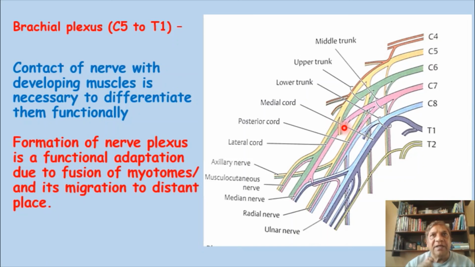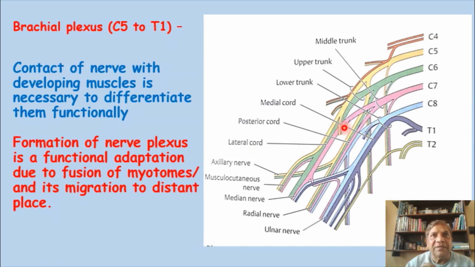As I said, while embryological development of the limb and body is taking place, the myotomes, meaning adjacent muscle masses, are migrating and fusing, and while doing so they carry their nerves with them.